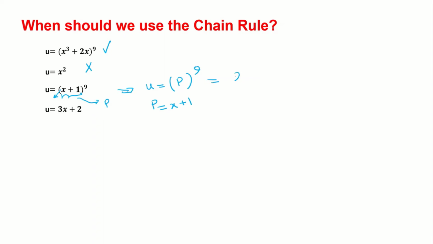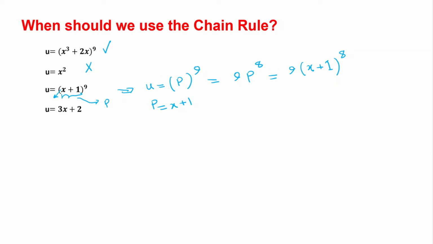At the end it's going to be 9p to the power of 8. So we plug in x plus 1 instead of p, and the answer is going to be 9 times (x plus 1) to the power of 8. Or you can use the chain rule here again, assuming that you have an outside and inside function, and doing the chain rule will give you the same answer.